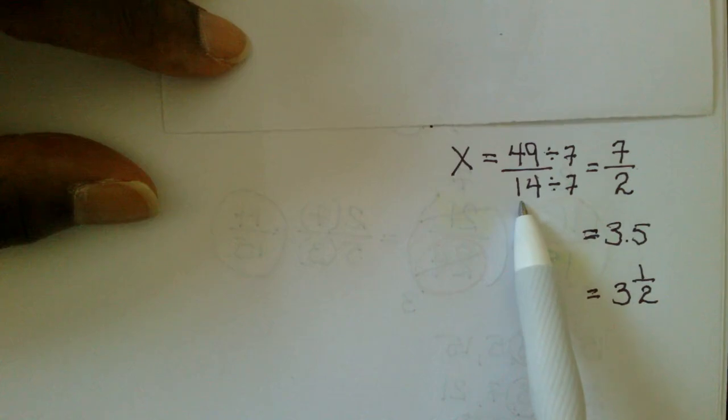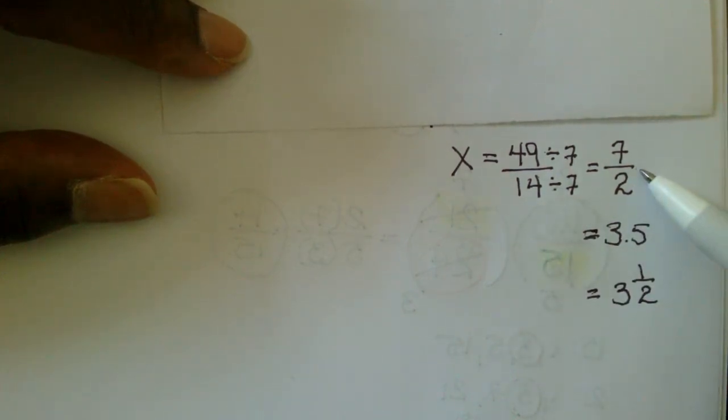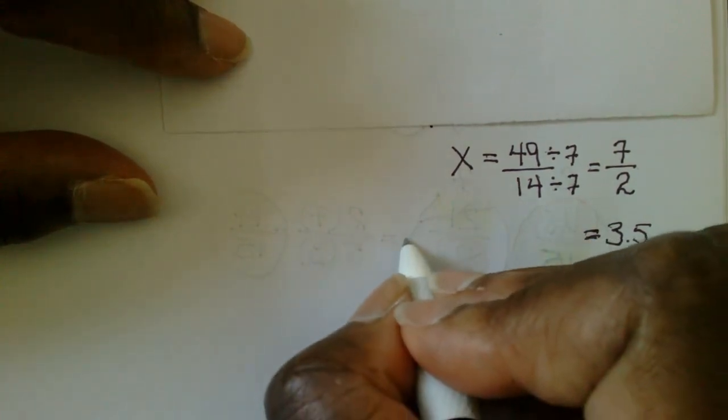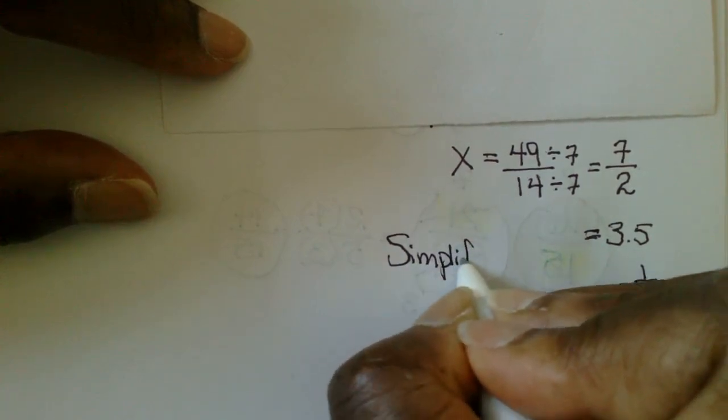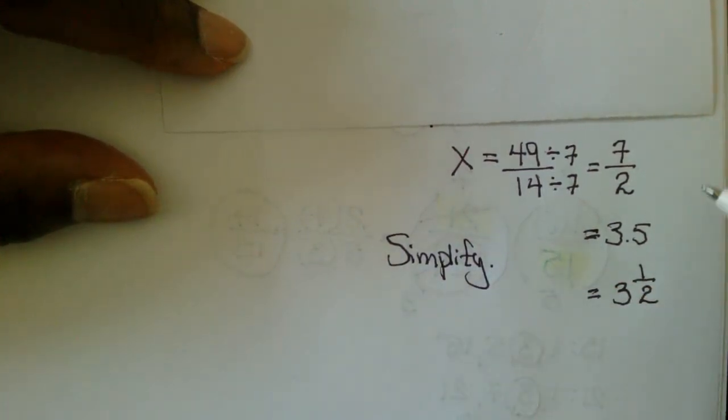But if you see 49/14 and you see 7/2, pick the 7/2, especially if they use the directive simplify, because you have it at its lowest term. If you see decimals, make it into a decimal. If you see it as a mixed number, figure out what it should be as a mixed number. Okay?